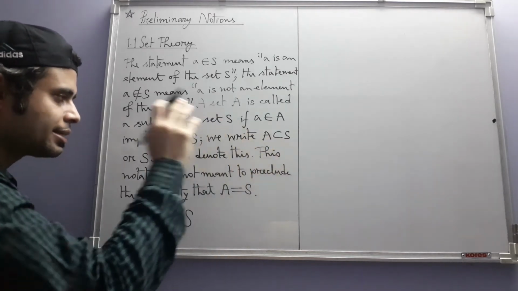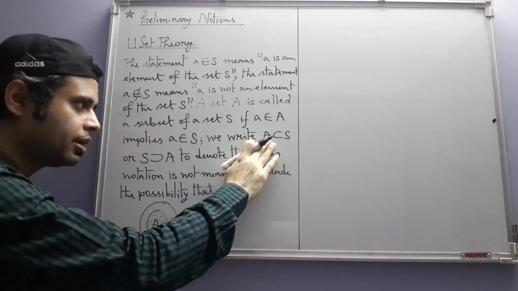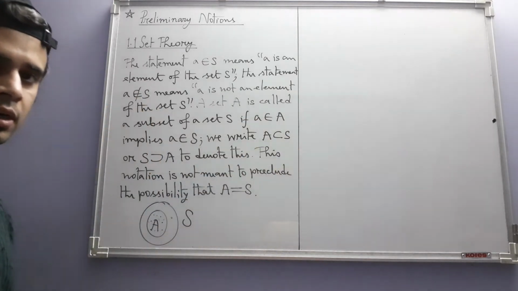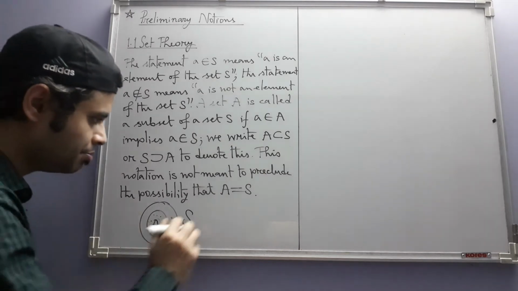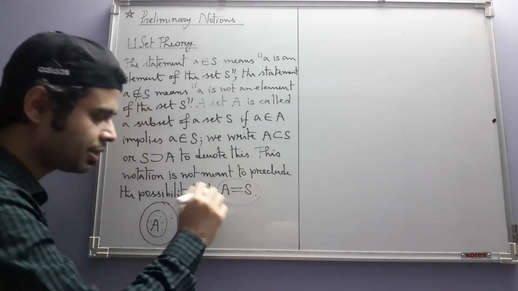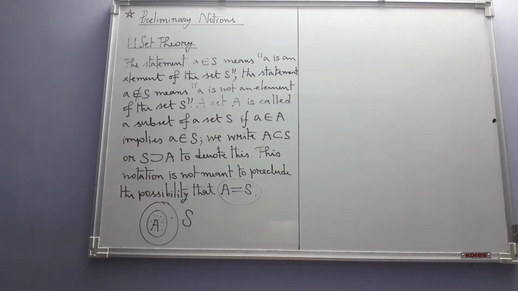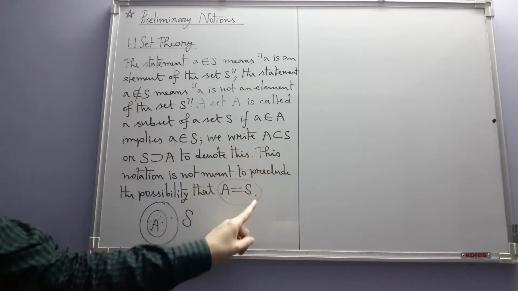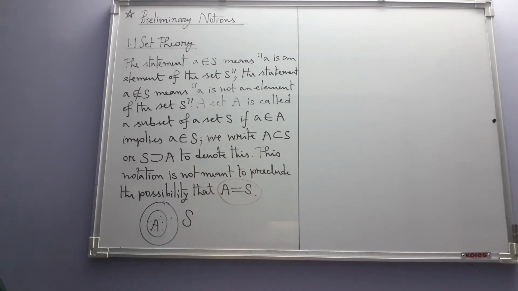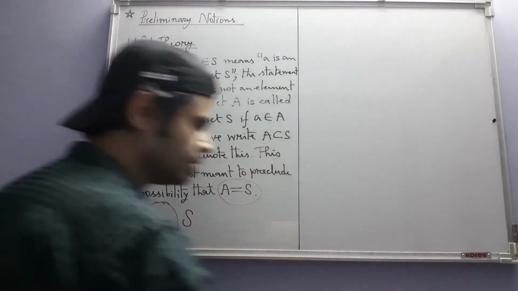This notation just simply means that every element of A has to be an element of S also. It may be the case that we have A and S to be the same set. In that case also you see that every element of A is automatically in S because they are the same thing. Okay, so that's the thing.